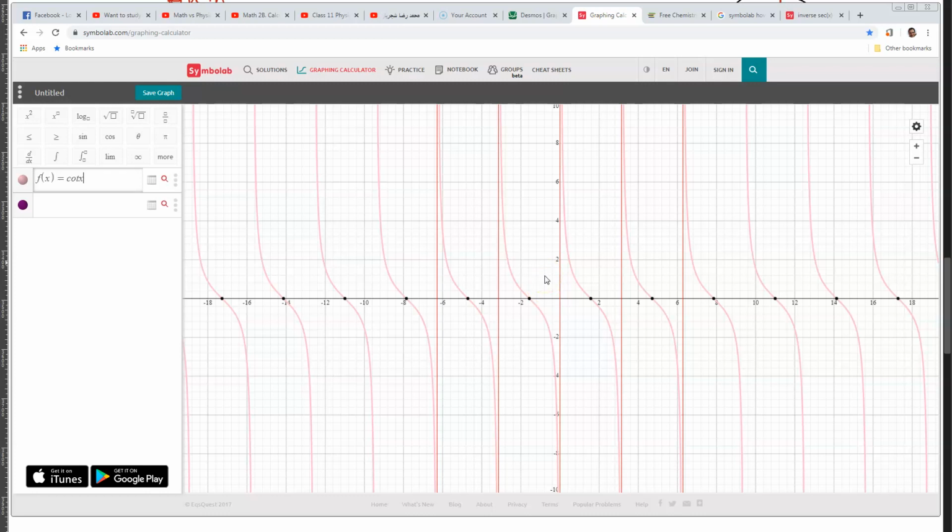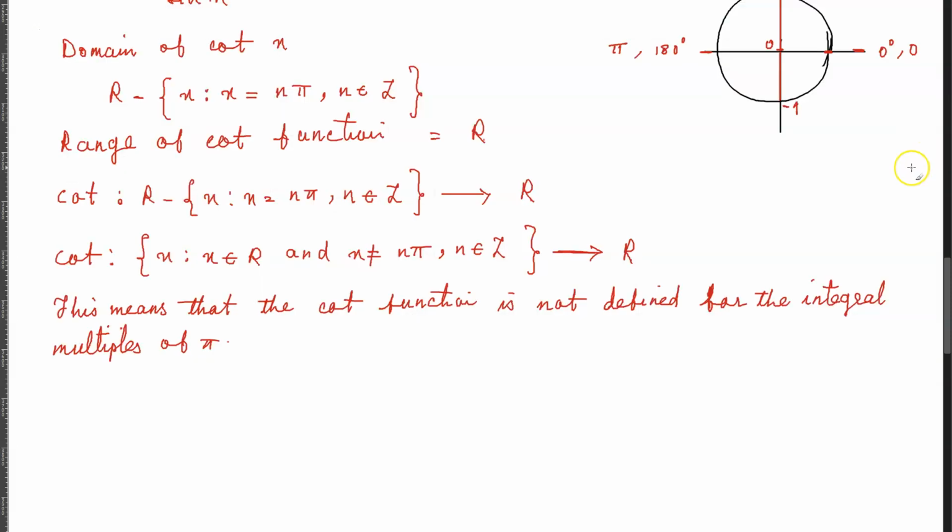The function with the range 0 to pi is called the principal value branch of the function cot inverse, whose domain is R and codomain is 0 to pi, of course, the open interval 0 to pi.